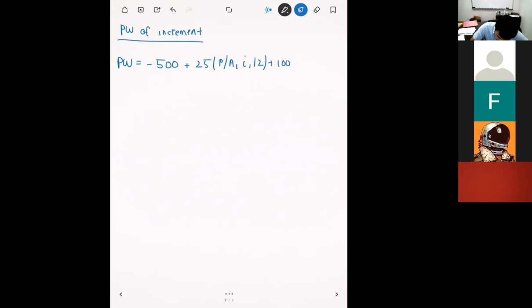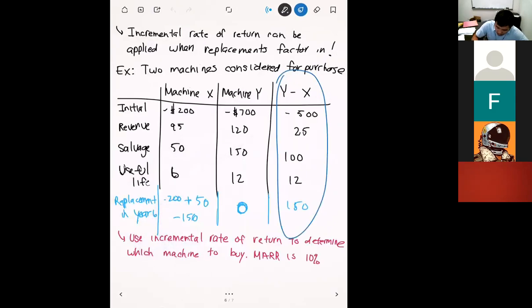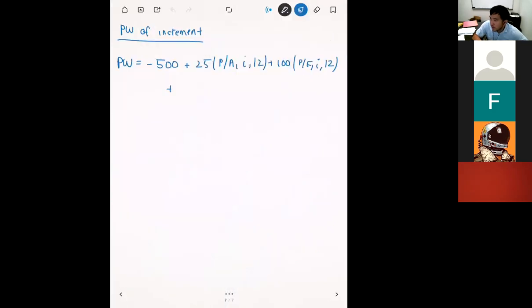The salvage value is going to be P over F, i, and then at 12, because this is just a one-time cost. And then we have to add our additional difference here in year 6. In year 6, we have to spend some money to replace machine X, but because we're not spending that money in machine Y, that shows up as a difference. And so we're going to have plus 150, P over F, i.